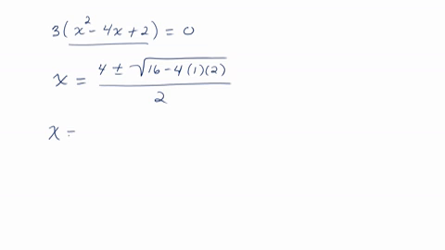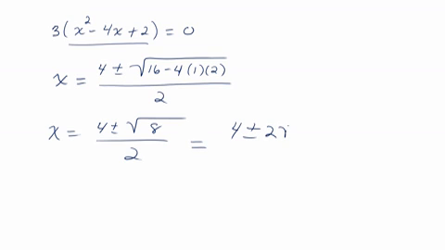This gives us x equals 4 plus or minus the square root of 16 minus 8, which is 8, all of that over 2. The square root of 8 can be simplified to 2 root 2, that's all over 2, and now we can divide out a common factor of 2, giving us 2 plus or minus the square root of 2.